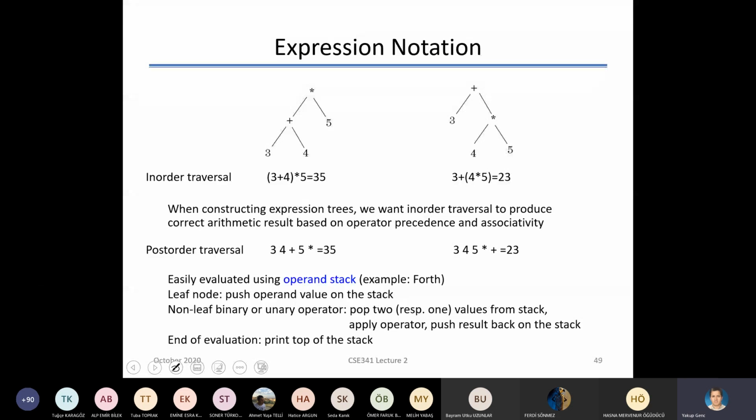This is for in-order traversals. You can have two possibilities here. You can see that. And this is for a post-order or reverse Polish notation, right?